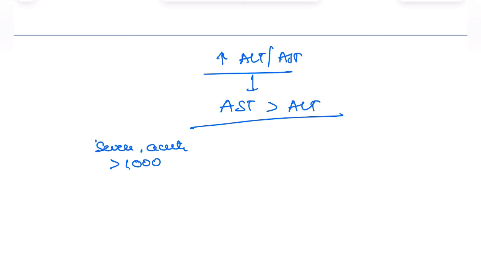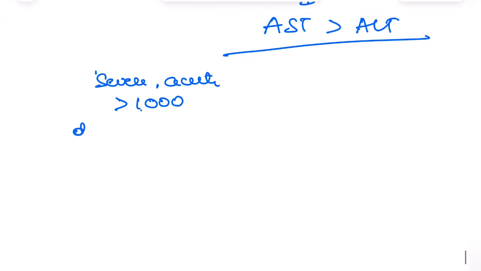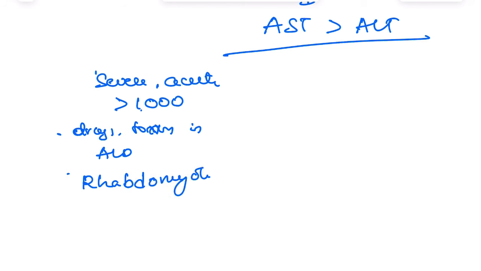Here you have to suspect drugs and toxins, underlying alcoholic liver disease, and rhabdomyolysis, that is acute skeletal muscular injury. So these are the conditions in this pattern.